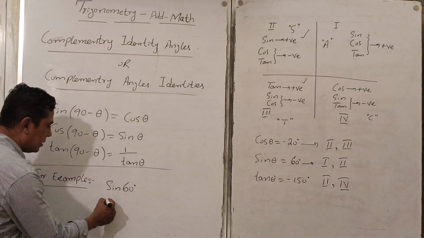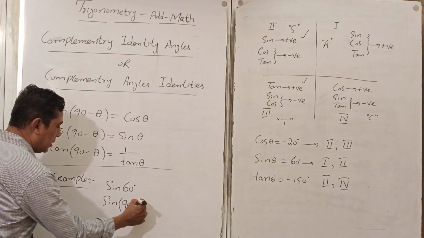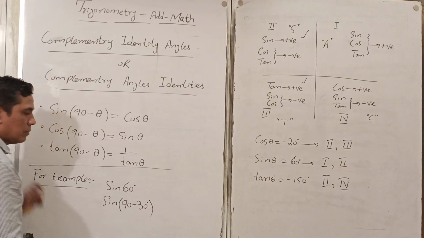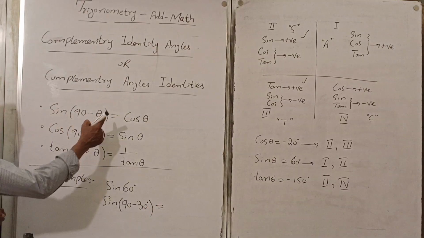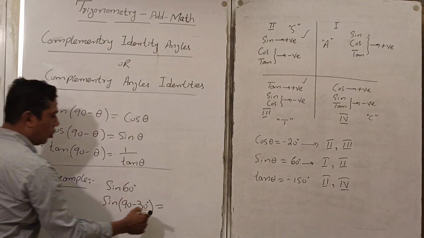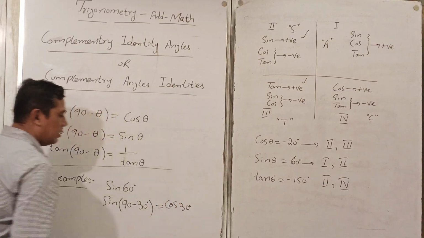So I can write it as sin(90 minus 30 degrees). As per the complementary identities, it will be equal to cos 30. Am I right? Yes. Just calculate.